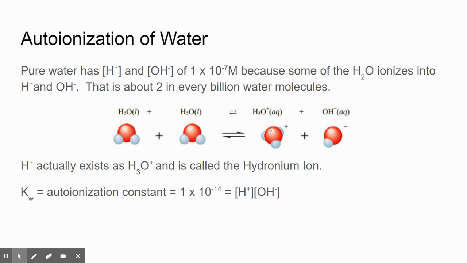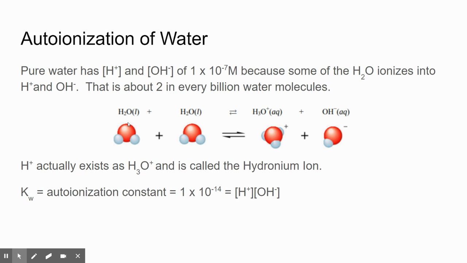Some of them are actually H3O plus and OH minus. This is just because the water molecules are bouncing around, hitting each other, and sometimes basically the hydrogens rub off from one water molecule to the other. We call that auto-ionization.